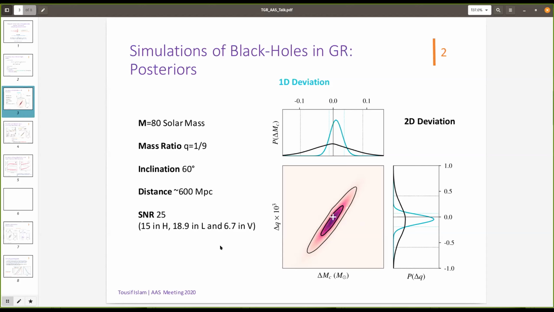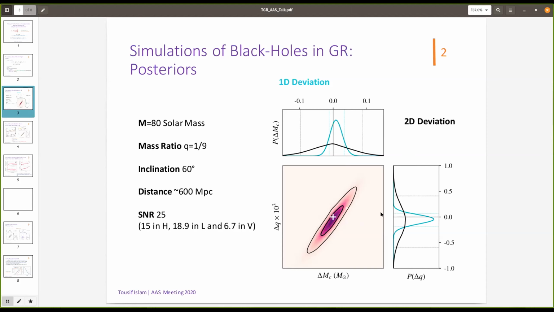Now here we show an example of a result for a simulated GR signal coming from a total of 80 solar mass binary system with mass ratio 1/9, inclination 60 degrees at a distance of 600 megaparsec. So the total SNR is 25, as said earlier.